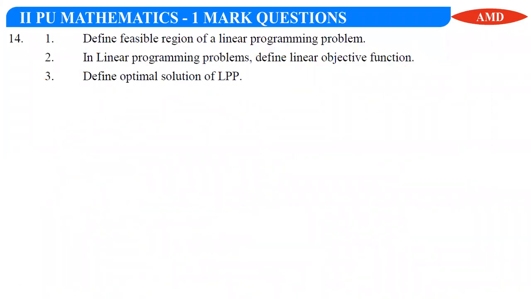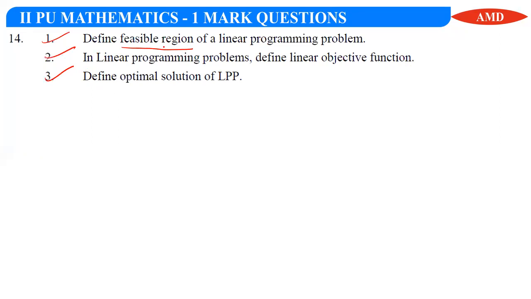This question is from LPP, and for so many years we have been seeing these three questions being repeated, and if you learn these three questions, I'm sure you will definitely get 1 mark. So what is the first definition here? Define a feasible region. Simple definition.